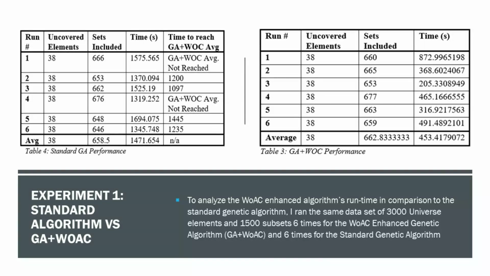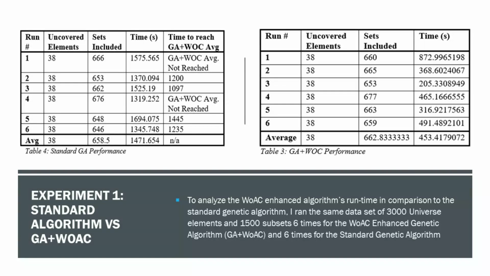So then in our second table, we have the genetic algorithm with the wisdom of artificial crowds enhancement. And here in the first column we again have the different run numbers and the average down at the bottom. In the second column we have the number of uncovered elements, which again the algorithm always was able to find the minimum, which was 38 for this particular instance that we were testing.